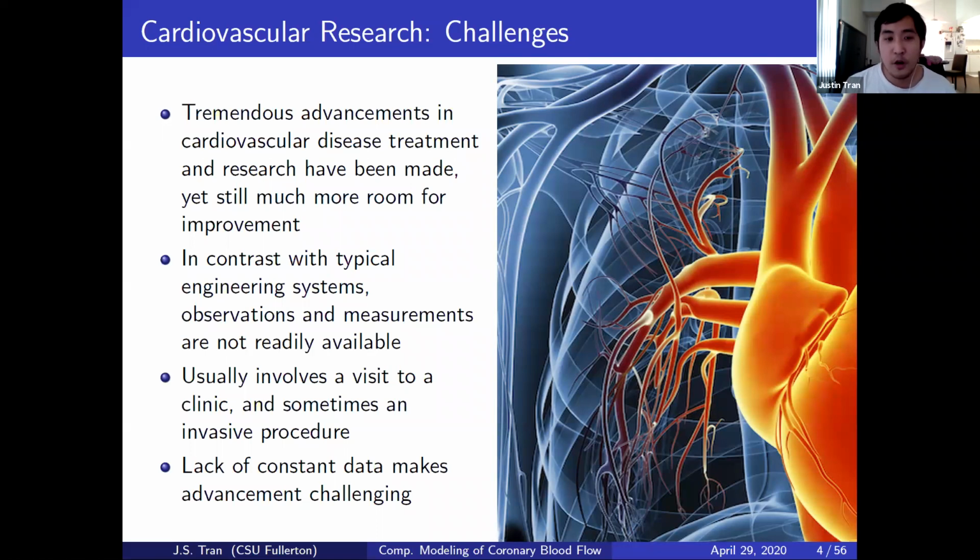A lot of times this involves a visit to a clinic. You have to go to the hospital and they have to stick some probes inside you, and it's an uncomfortable procedure, and you have to pay like $2,000 for it, and it's not good. So a lot of what we don't know about the cardiovascular system stems from the fact that we just don't really measure it all that much. And without constant data, it really makes advancement challenging.